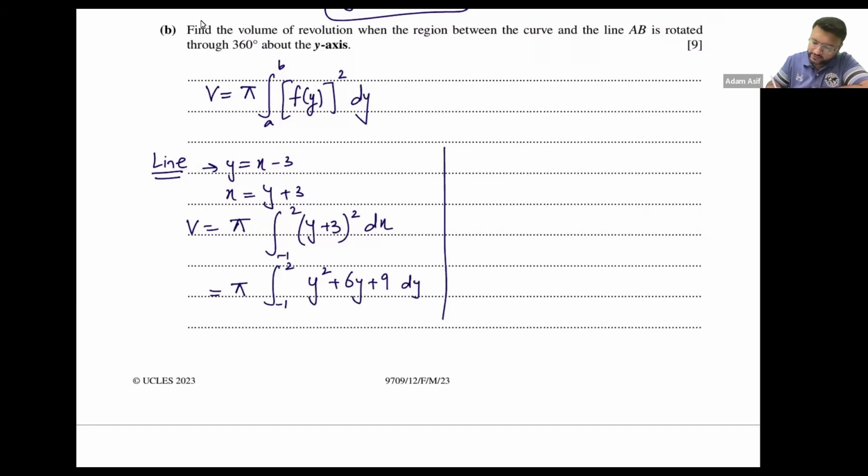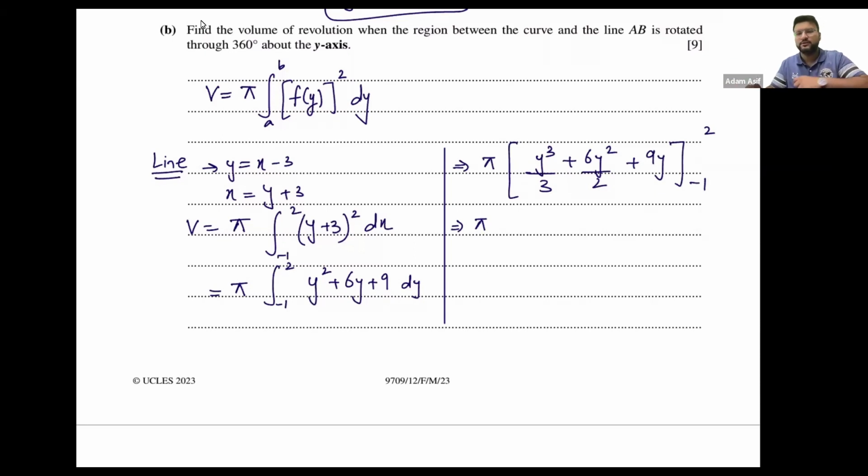Okay, now let's integrate this. Integral of y squared would be y cubed upon 3, 6y squared upon 2, plus 9y. Limits आ जाएंगी from -1 to 2. Now you calculate the value of the integral at the upper limit minus the answer at the lower limit. ठीक है, तो ये मुझे करके दें. First plug in the upper limit, then plug in the lower limit. After you are done with the working, you can always check your answer from the calculator.